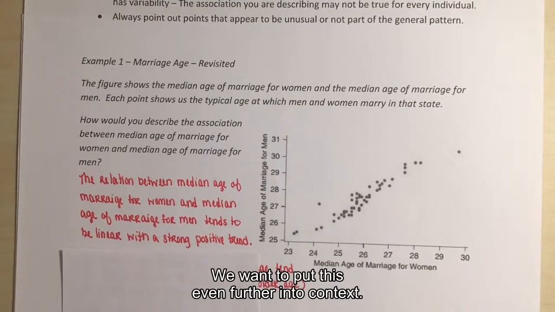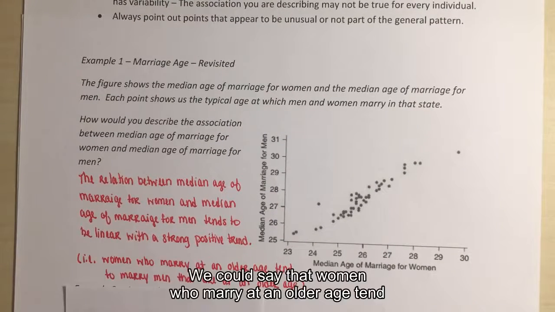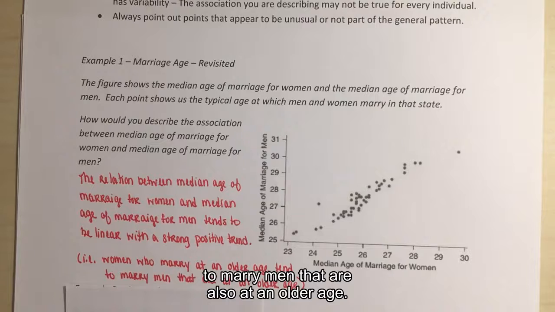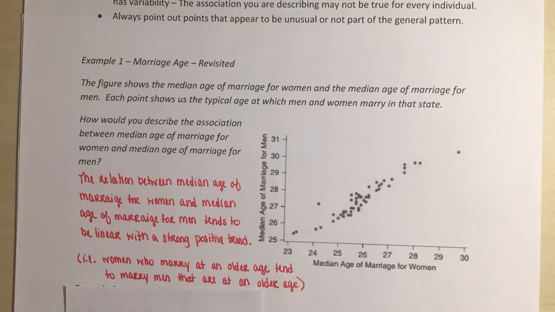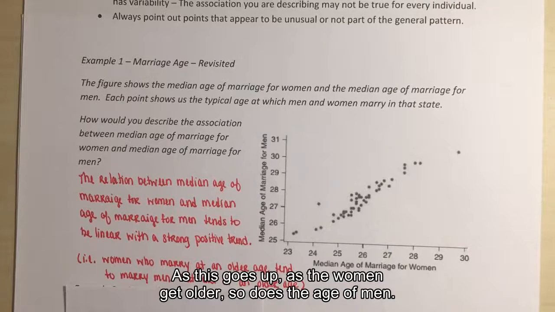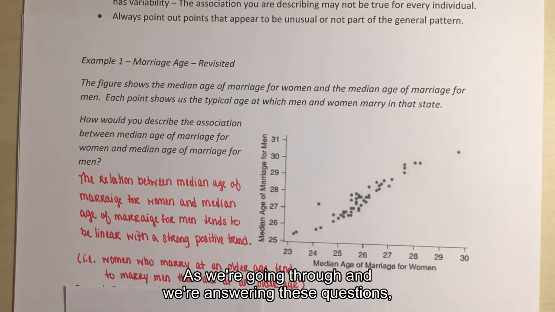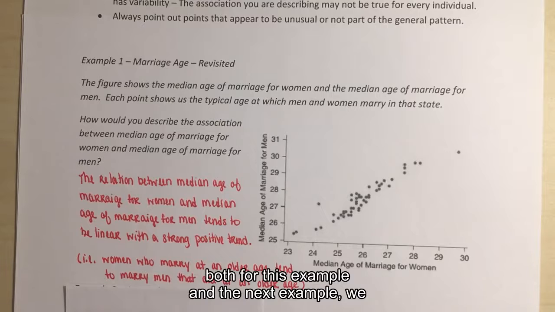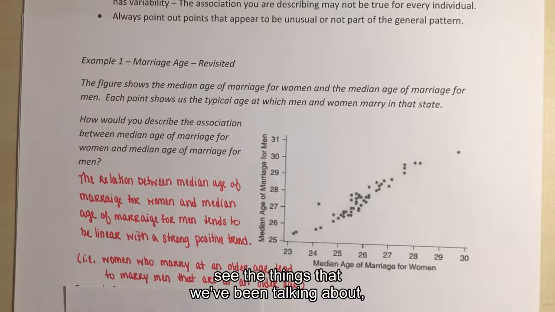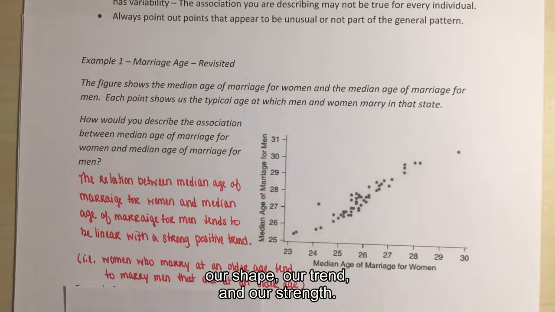We want to put this even further into context. We could say that women who marry at an older age tend to marry men that are also at an older age. Right? So as the women get older, so does the age of men. So as we're answering these questions, both for this example and the next example, we see the things that we've been talking about: our shape, our trend, and our strength.